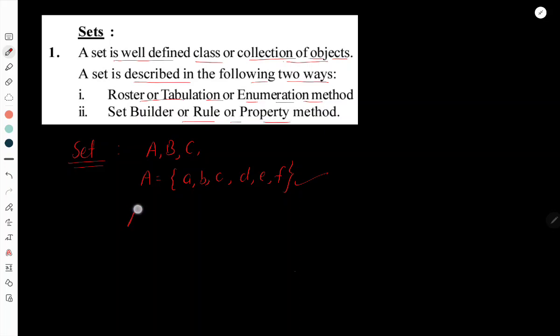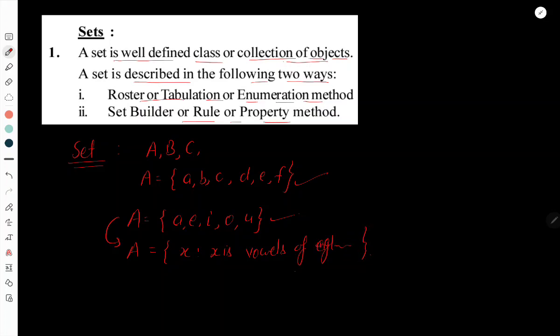If I write a set A equals {a, e, i, o, u}, this is called roster form, which is written in the format of a table. The same set I can write as A equals {x such that x is a vowel of the English letters}, which again is nothing but {a, e, i, o, u}.